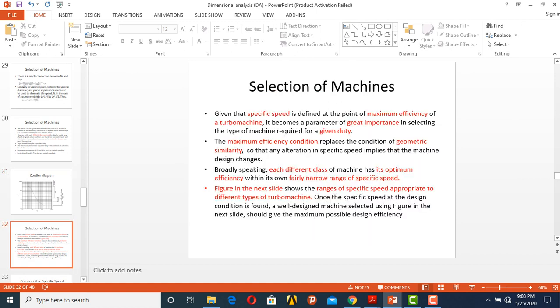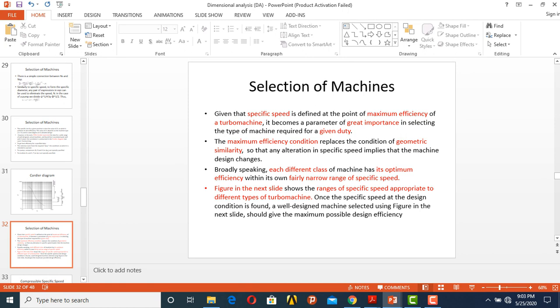So we know, or it's given, that specific speed is defined at the point of maximum efficiency of a turbomachine. So it becomes a parameter of great importance in selecting a type of machine required for a given duty. Since it is determined at higher efficiency, everything in engineering, we want any machine to operate at high efficiency.